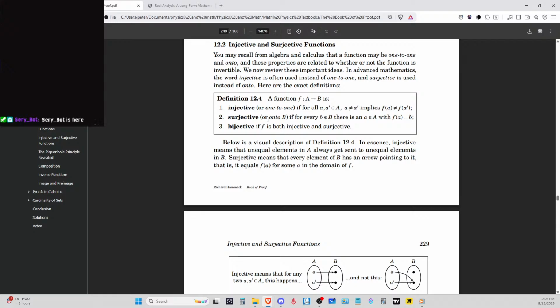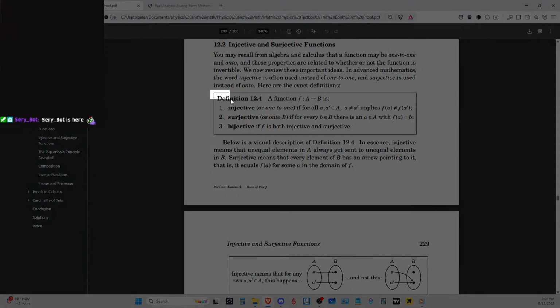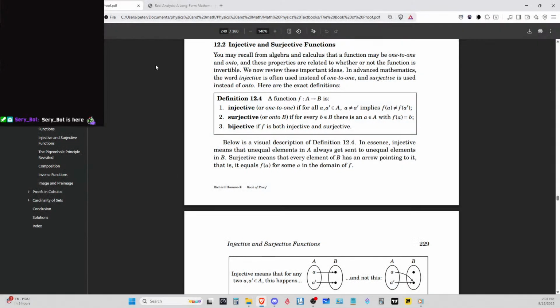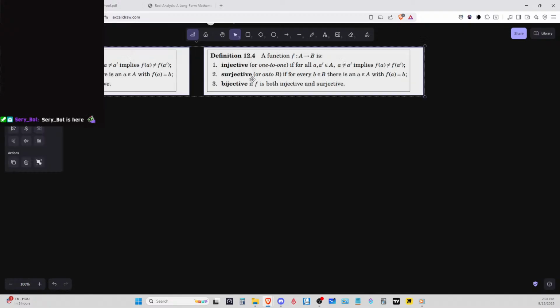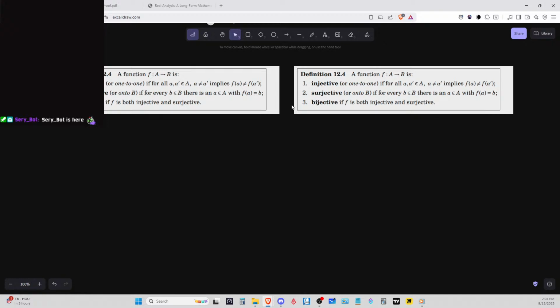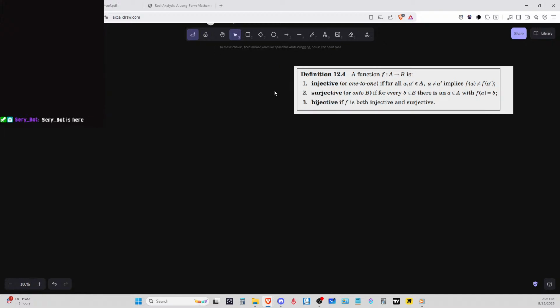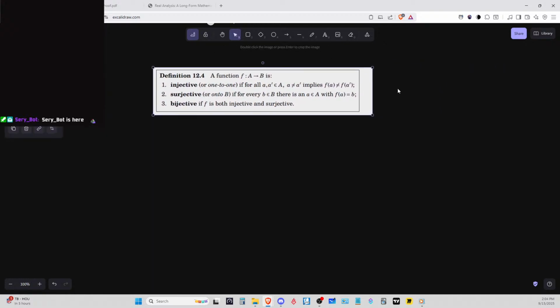Okay, so I know we have some definitions here, so I think we should take this definition, because that way we can keep it. I don't know why it keeps layering up like that. Oh well. Let's see, so we have injective and surjective.